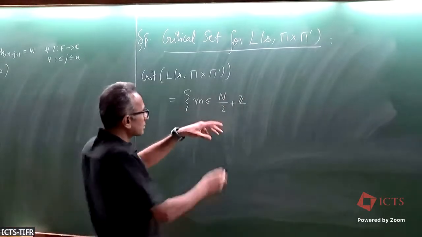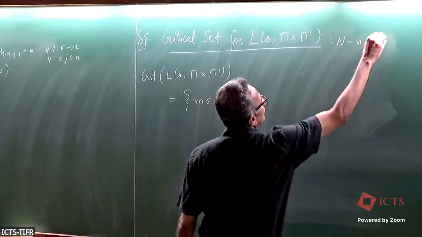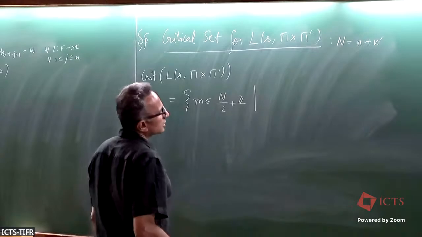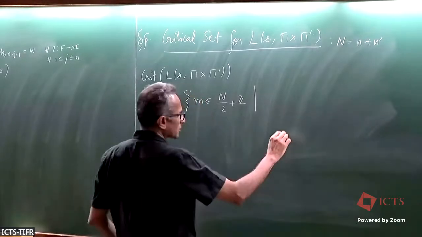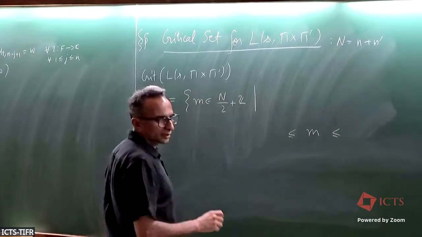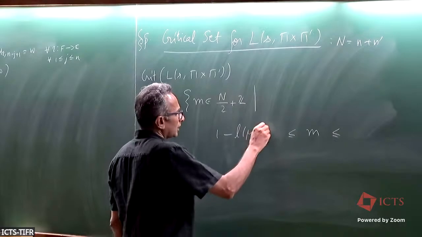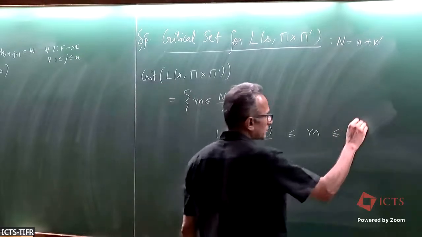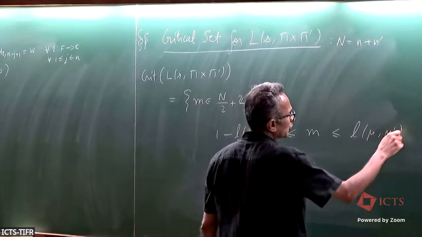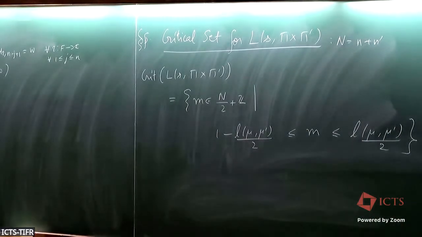So you look at possibly half integers where capital N is going to be n plus n prime, so that I might run out of space. This M is between, I should look into my notes. I think it's something like 1 minus L mu mu prime by 2 and at most L mu mu prime by 2. Let me just verify I got it right.